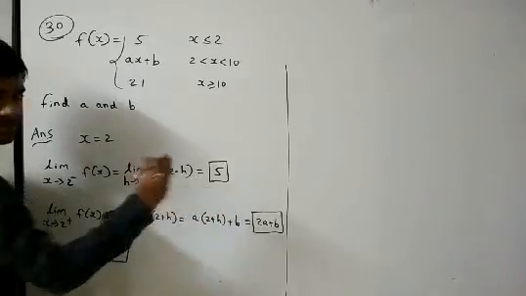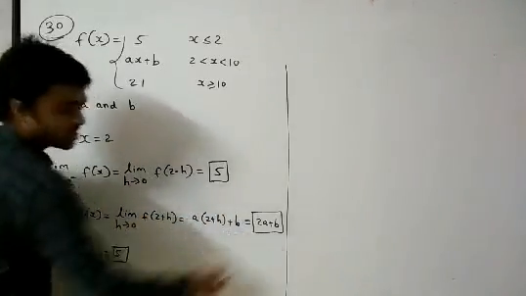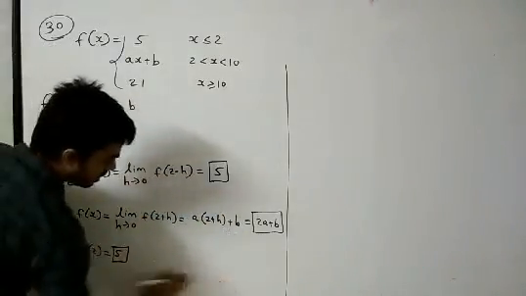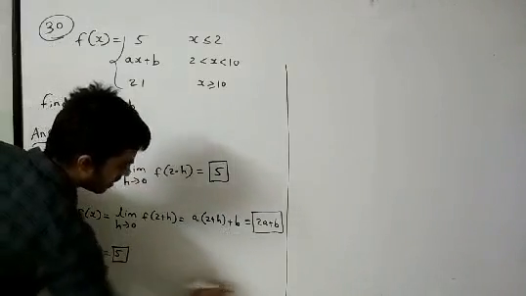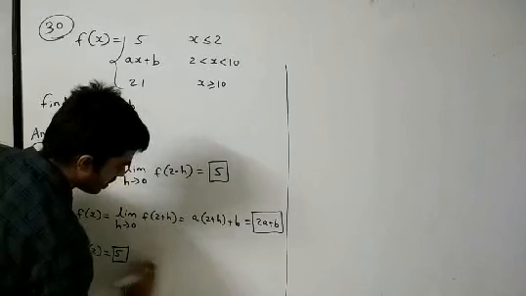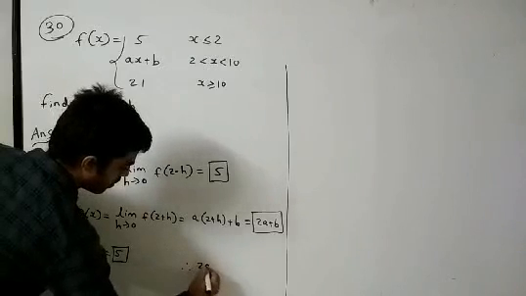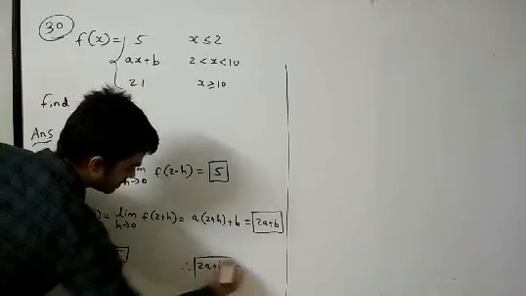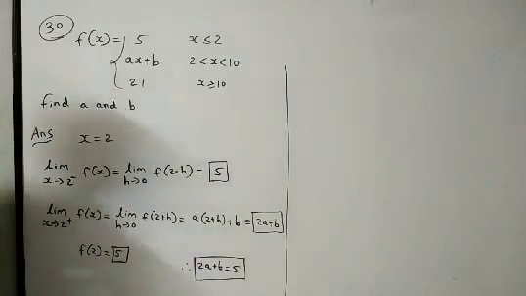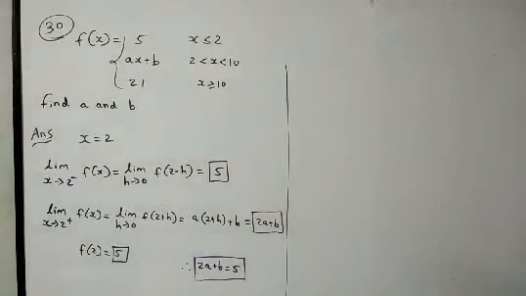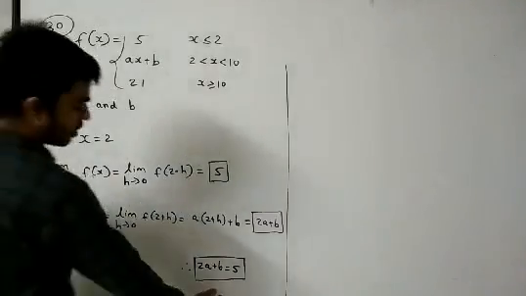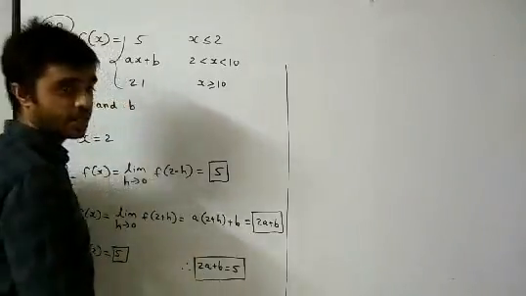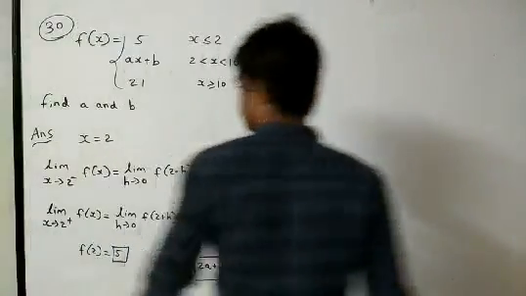So 5 and 5 are the same, so this value must also be equal to 5. Therefore 2a + b is equal to 5. Clear? Here we have to write this because the function is continuous at x equal to 2.